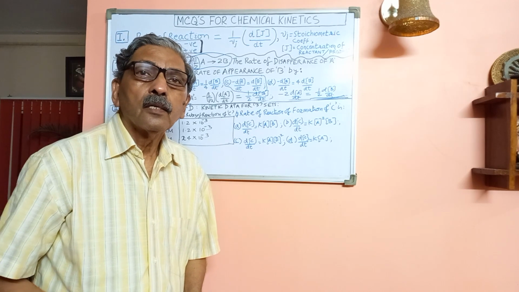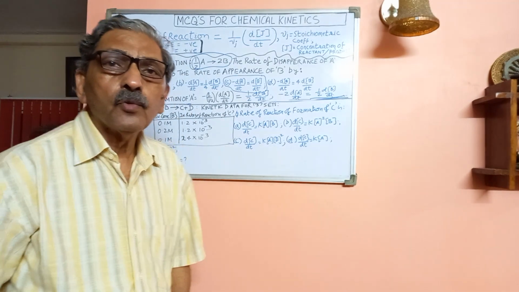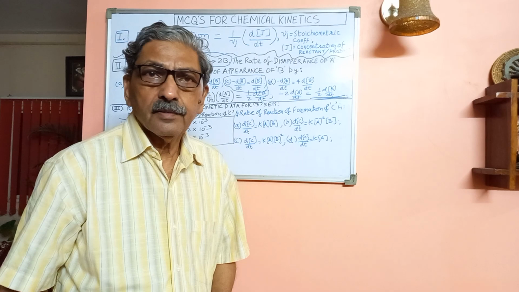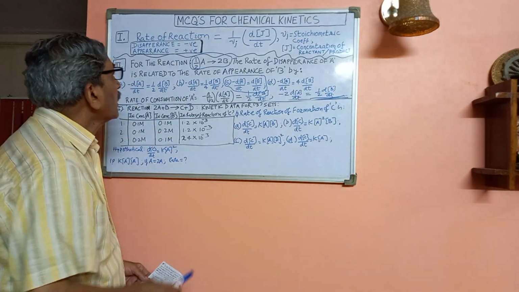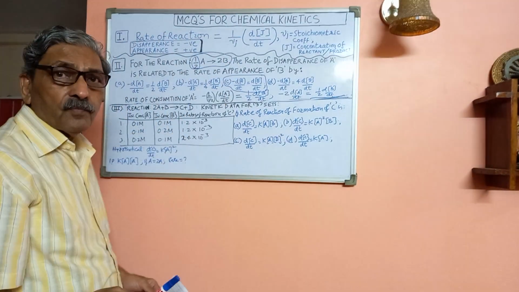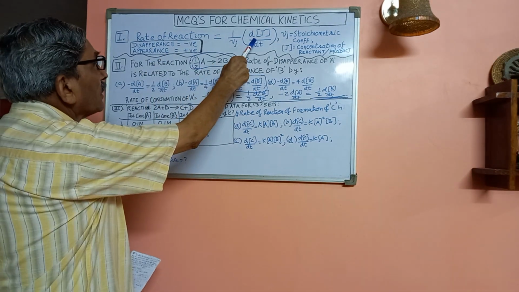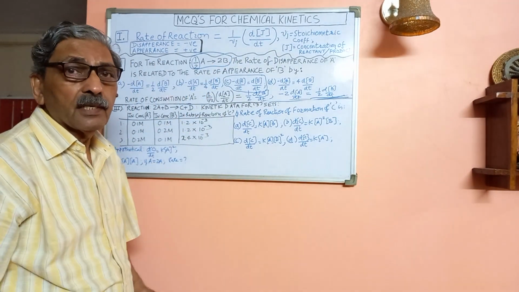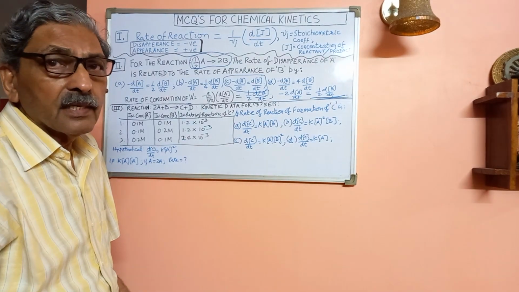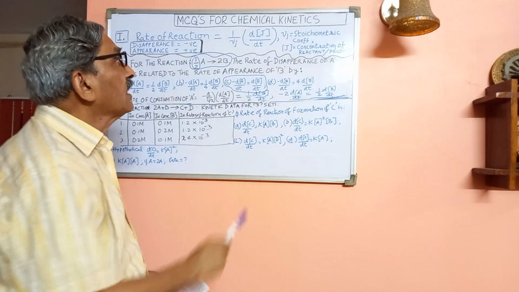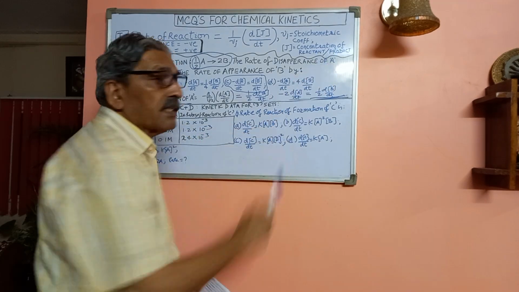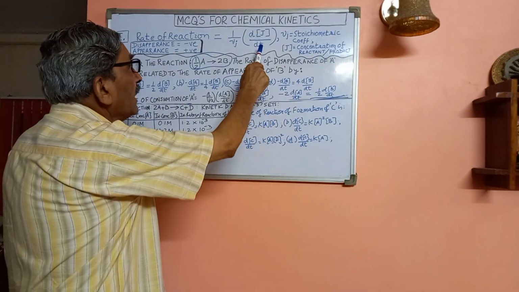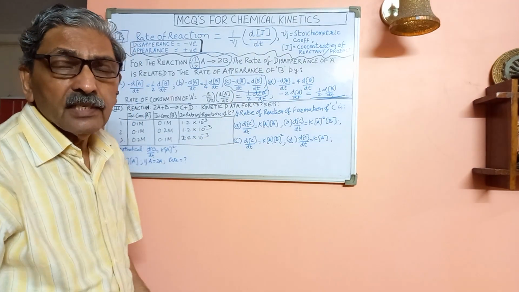Friends, today let us take up a few MCQs on the topic kinetics. Now, just to give a brief introduction, the rate of reaction has been designated as 1 upon nu j dJ by dt, where J is the concentration of the reactant or the product, and dt is obviously the change in time.